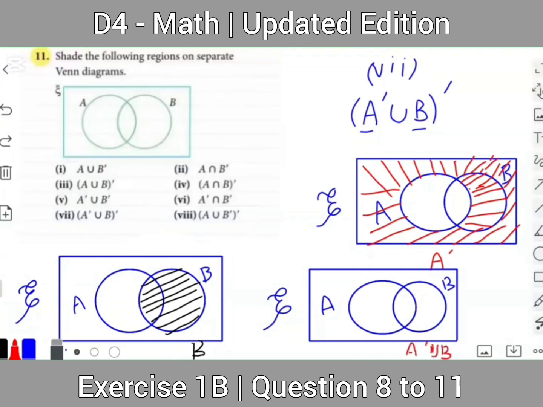So we have to put all the regions in the first and second Venn diagram in the third Venn diagram. So for this, we have the region shaded in red in the third Venn diagram.